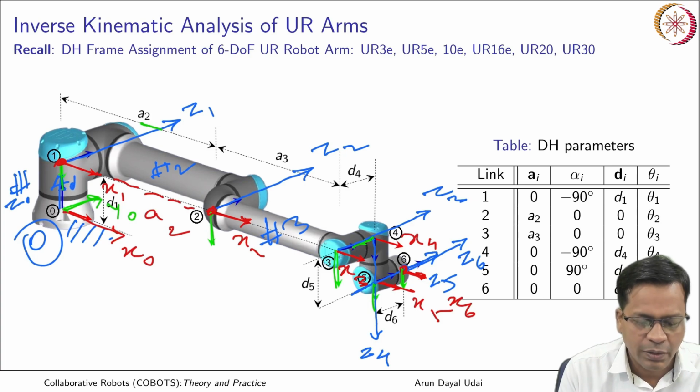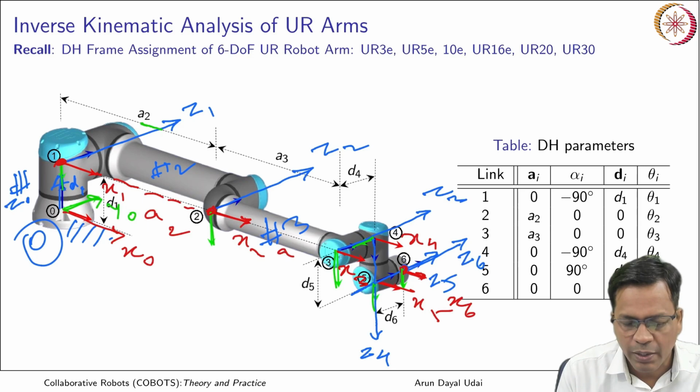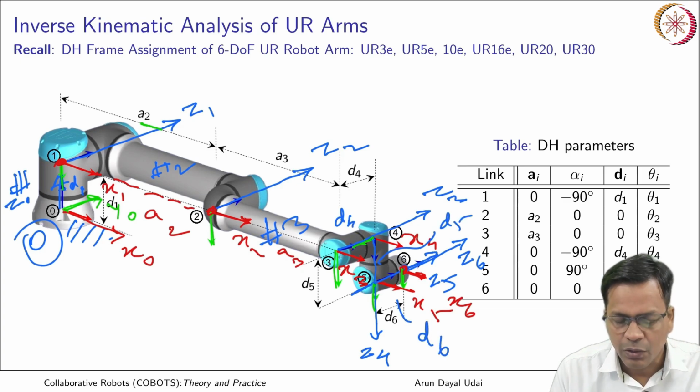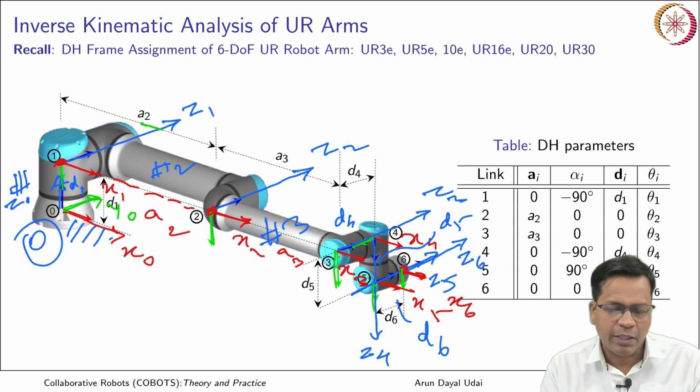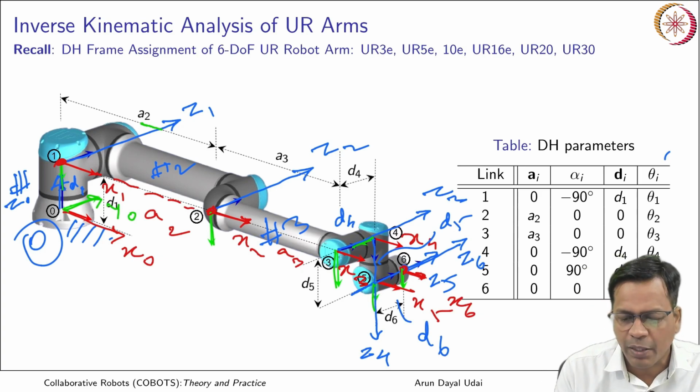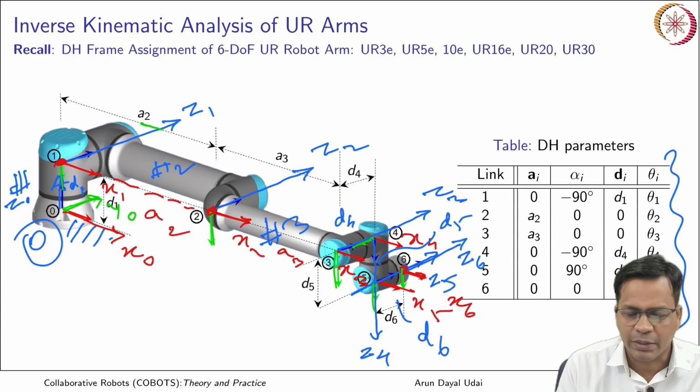So this is your d1. The rest are a2, a3, and then again you will have the d's here: d4, d5 and d6. All the dimensions can be taken from the data sheet of this robot. This is how it looks, and the DH parameter table can be made quickly like this.